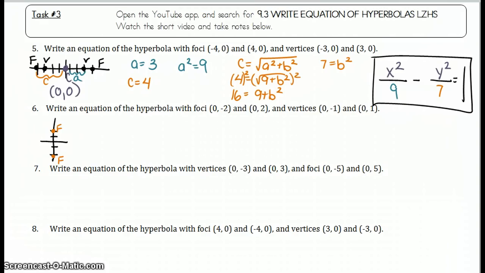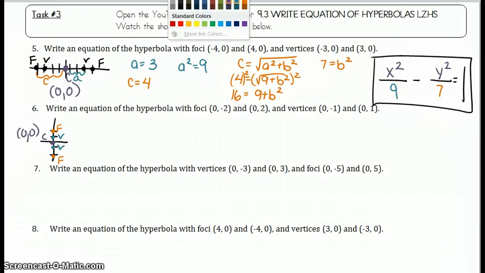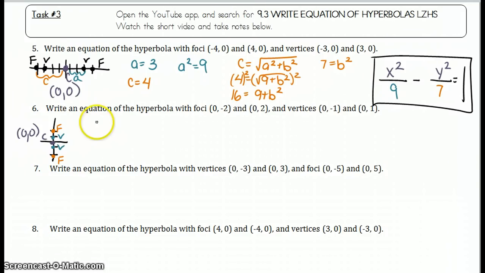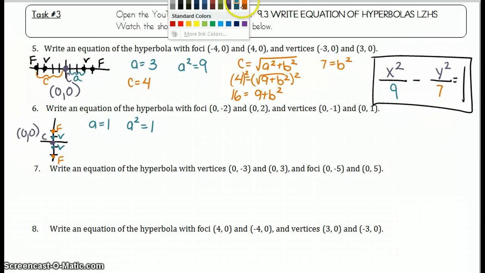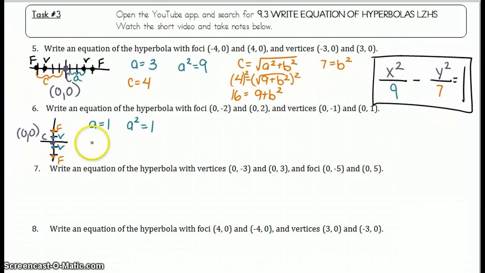My vertices are at (0, 1) and (0, -1). Finding the midpoint between either pair gives me again a center of (0, 0). The distance from the center that my vertices are is a distance of 1, meaning that both a and a squared is a length of 1. My foci are 2 units from the center.